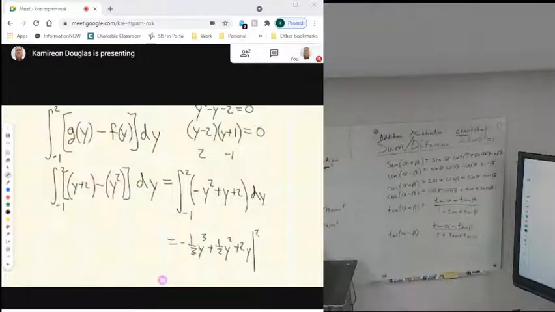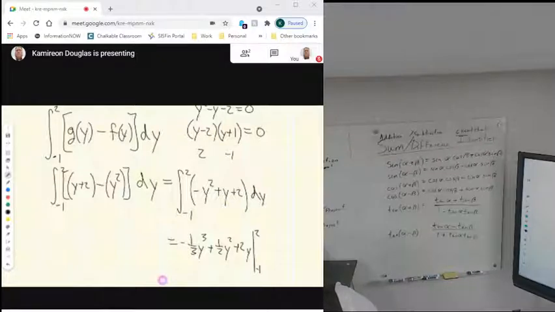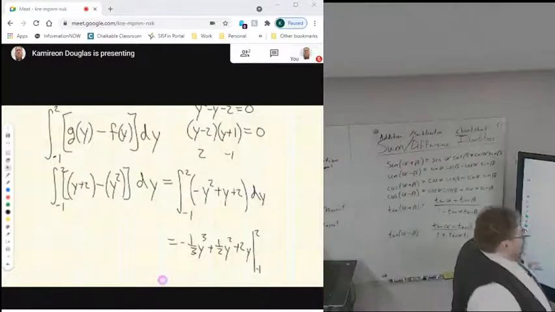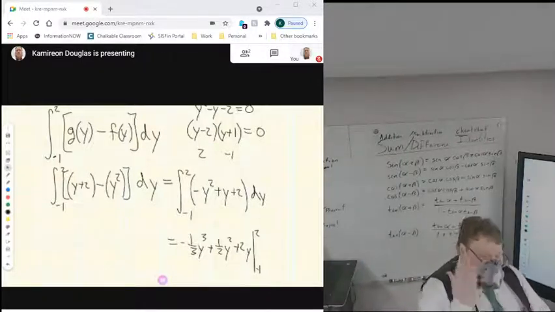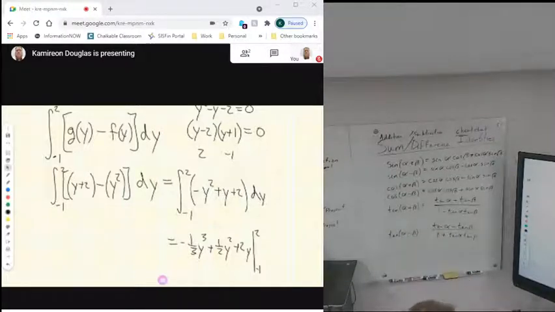And then you plug in 2 and negative 1. You see where this is going. In a second, I'm going to actually graph these two and show what this one looks like. It's not much different. Before I do so, let's go ahead and find our solution. So again, if you want to do it in terms of y, just make sure every piece is in terms of y. Both equations and the boundaries. The boundaries have to be in terms of y as well.